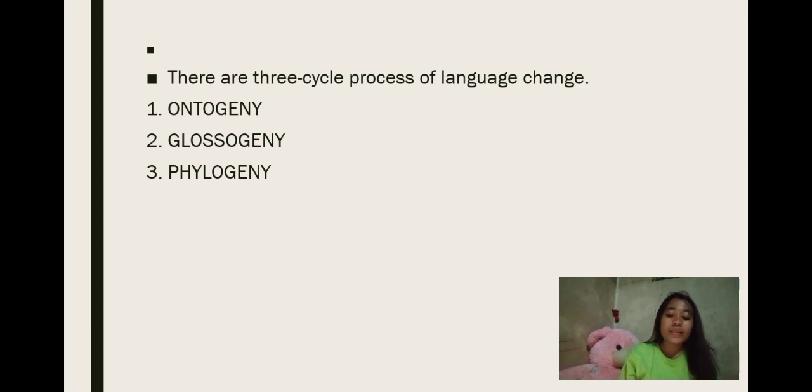So there is a three-cycle process of language change. So ano nga ba yung tatlong yan? The main determinants are learning: ontogeny, glossogeny, and phylogeny. First, we define what is ontogeny.